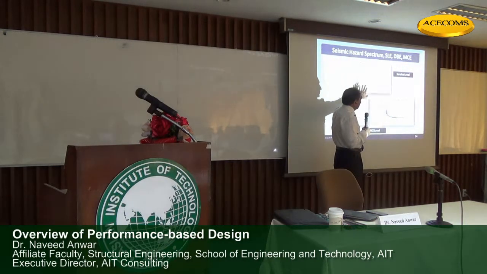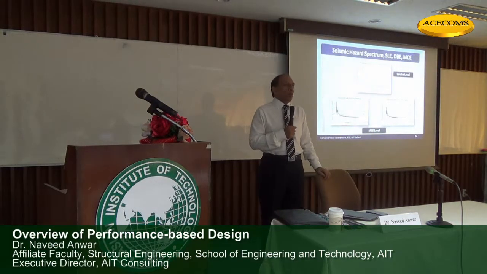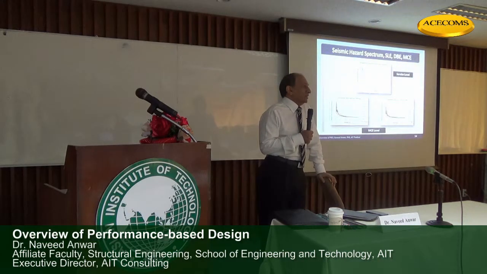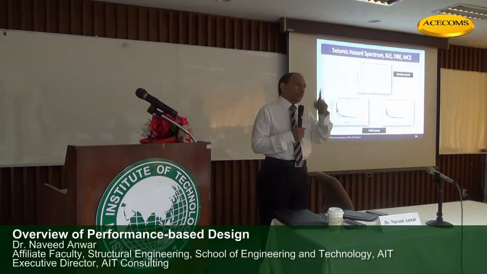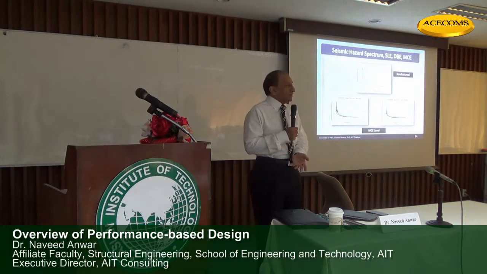So what we need is spectral information from that site. That means what is going to be the effect of a ground motion at that site for an earthquake? What do we expect the earthquake to do at this site? Not where it started from, because a magnitude 9 earthquake may have happened in Japan, but it doesn't affect Bangkok.